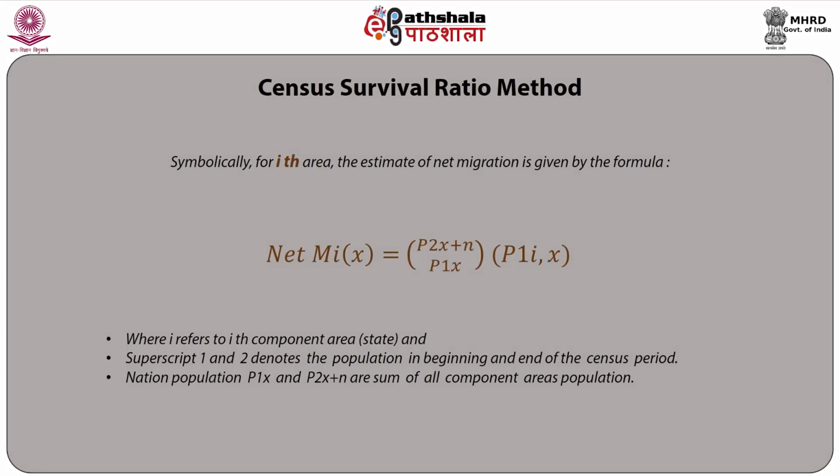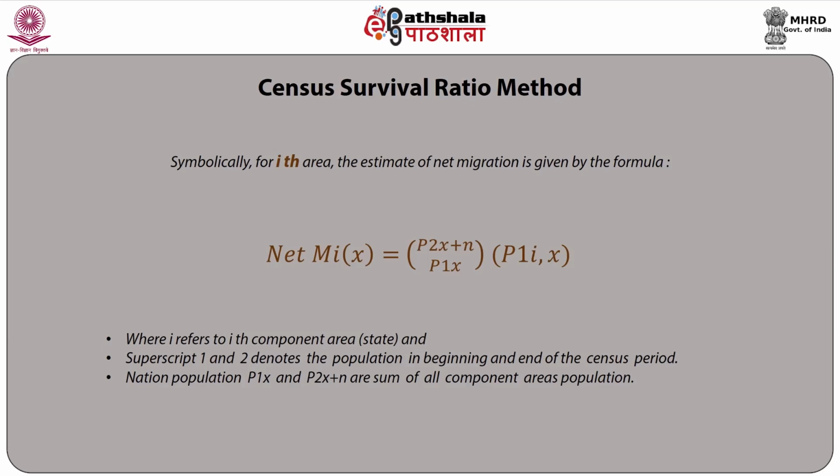Symbolically, for the ith area, the estimate of net migration is given by the formula: net mi of x is equal to p2i(x+n) minus [p2(x+n) upon p1(x)] into p1i(x), where i refers to the ith component area of the state, and superscripts 1 and 2 denote the population at the beginning and end of the census period.